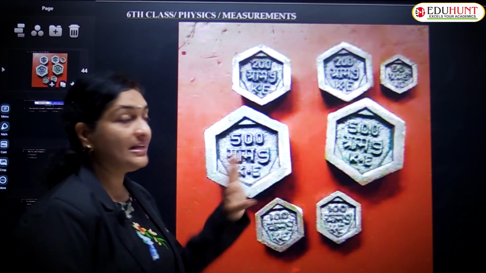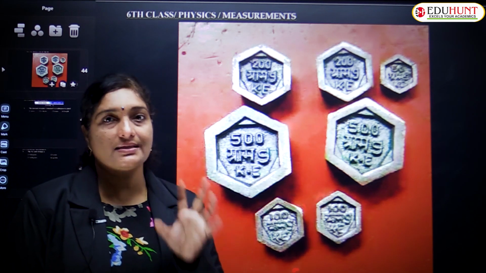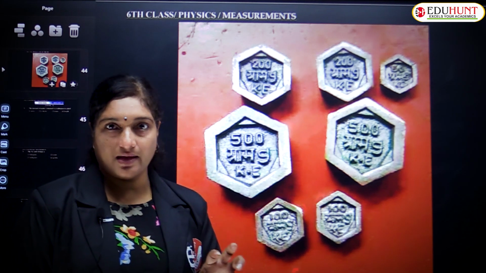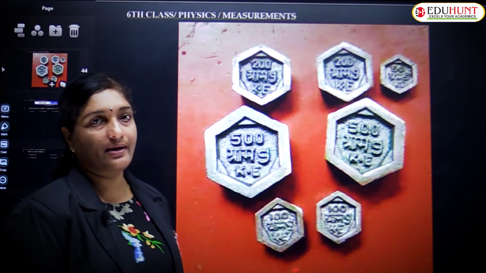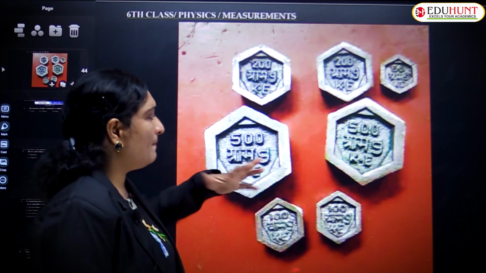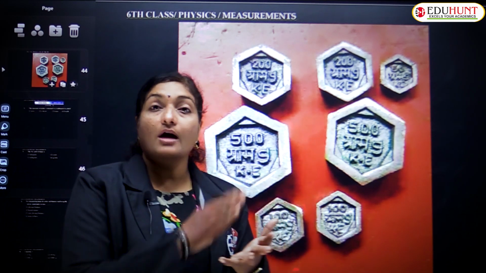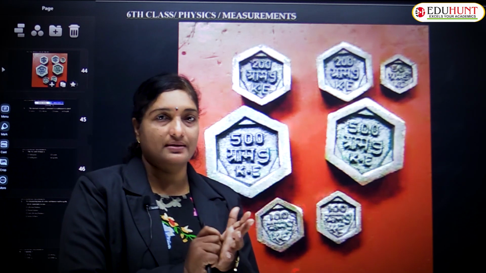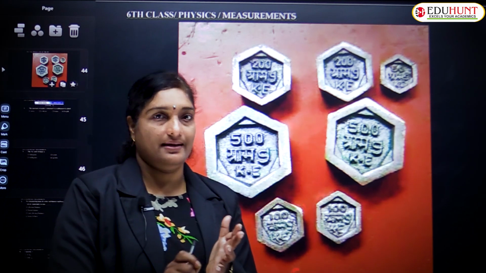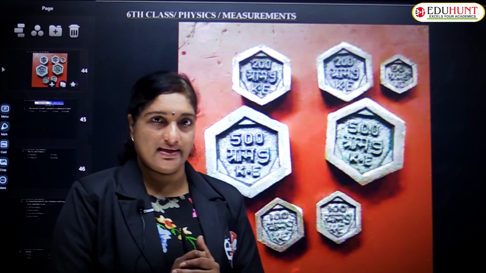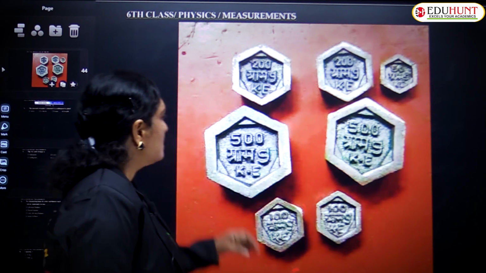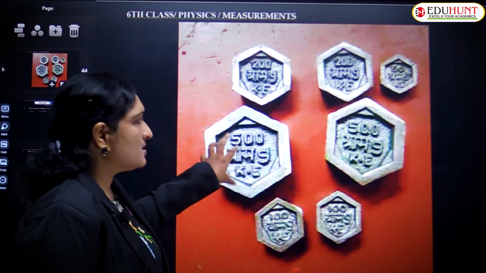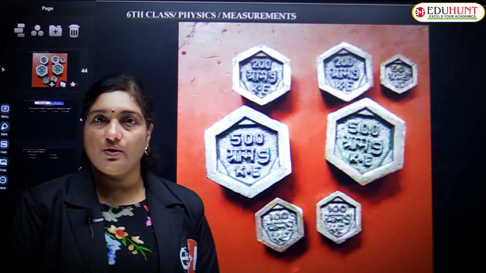Hexagonal means having 6 sides. If you turn it back, the government adds a lead seal over it. Okay, so these are the iron weights we use to measure the desired quantity.